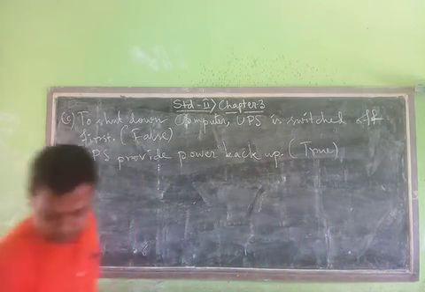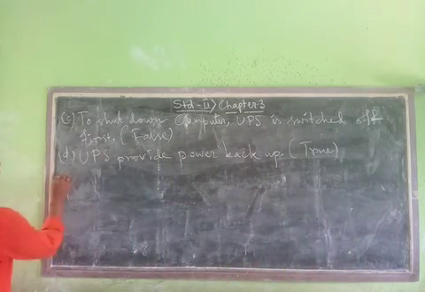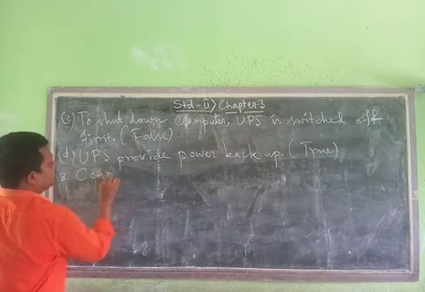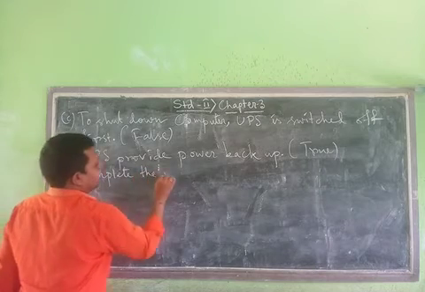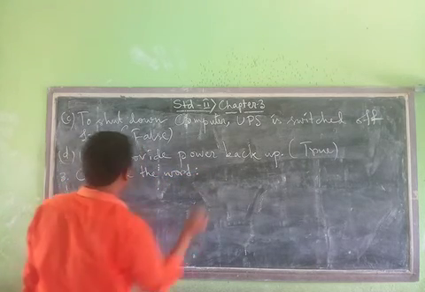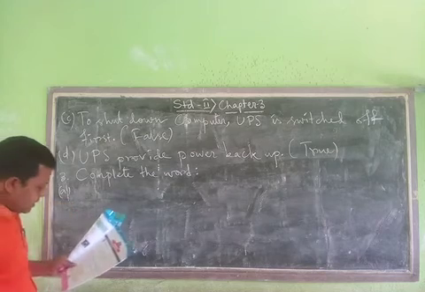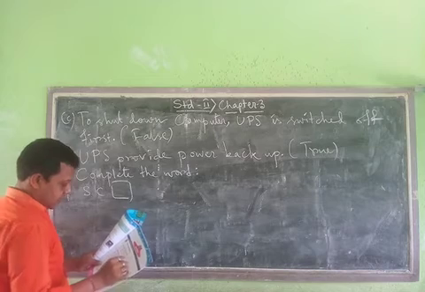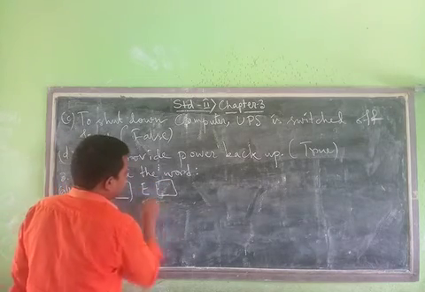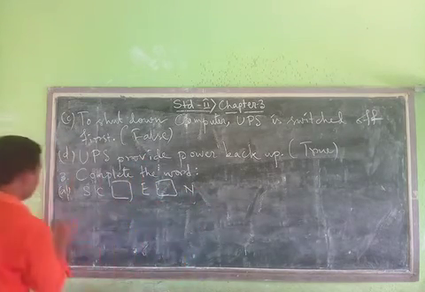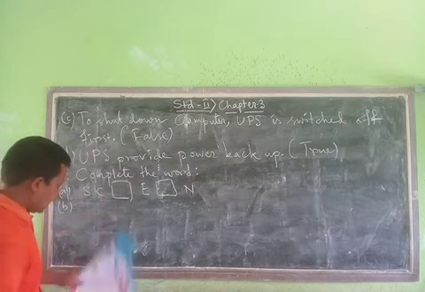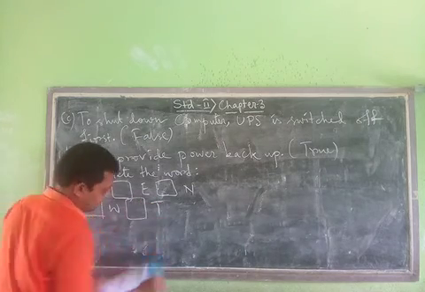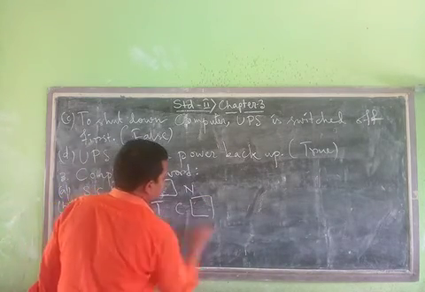Now question number 3 is complete the word. Number A: S C dash E dash N. Number B: dash W dash T C dash.